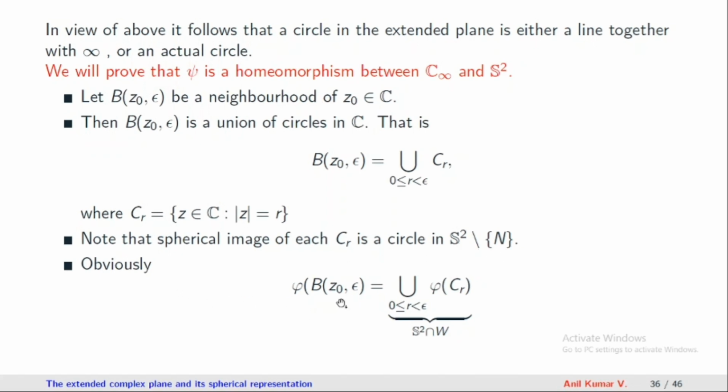Now consider the image of this disk under the function phi. So this is the union of phi of CR, and each phi of CR is a circle in S2 minus n. Therefore this image can be considered as the intersection of S2 and some open ball in R3.